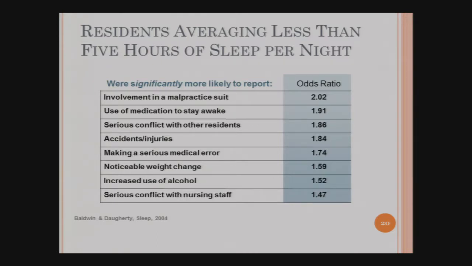For residents who average less than 5 hours of sleep, they're more likely to report involvement in a malpractice suit, the use of medications to stay awake, serious conflicts with other residents, accidents and injuries, serious medical error, weight changes, alcohol use, and conflict with nursing staff. You can see that these are serious things in your workplace and in your personal life as well. And you see the odds ratios on all of these are greater than 1.